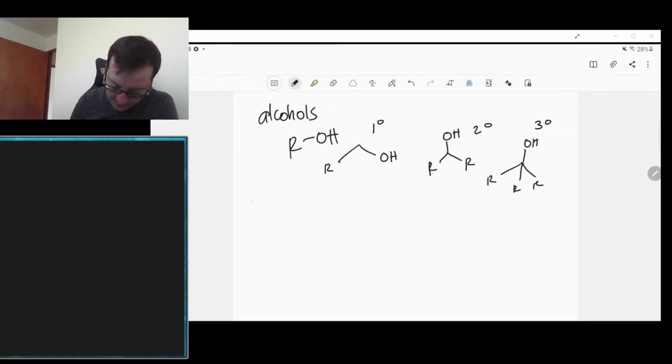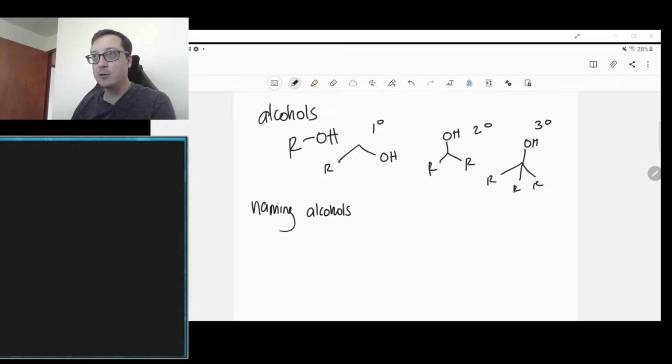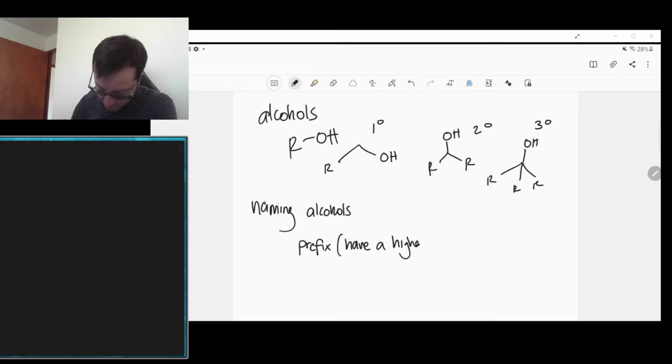We're going to see that naming alcohols, we have, as always, well, I suppose not as always, we're going to see that sometimes we name them as prefixes. If they are a prefix, meaning you have a higher priority group somewhere, which is not the case.